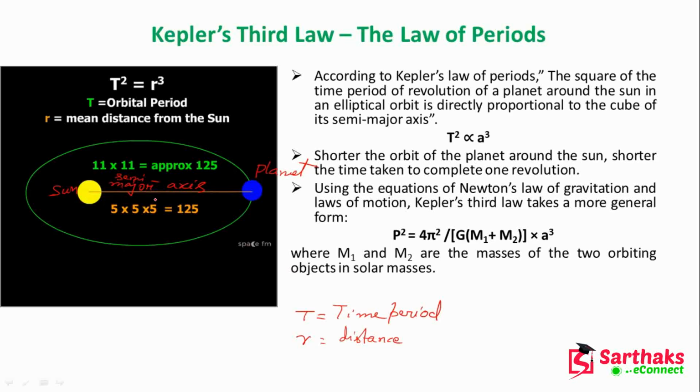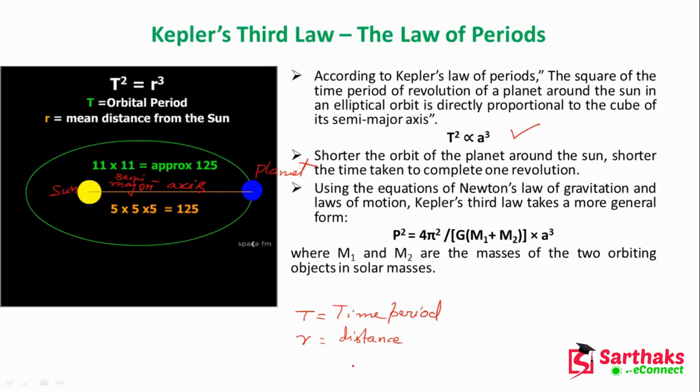So the time period T square is proportional to r cube, okay? The square of the time period of revolution of a planet around the sun in an elliptical orbit is directly proportional to the cube of its semi-major axis.